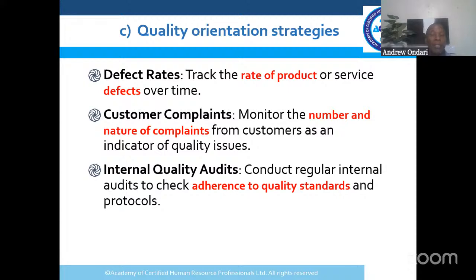And the customers can complain, as we have mentioned in bullet 2. So internal quality audits will give us an indication of where we have weaknesses in terms of our processes, our systems, and our policies. And when we identify this in time, we are able to take corrective measures. And therefore, we become quality-oriented people when these audits are done and the corrective actions are taken.